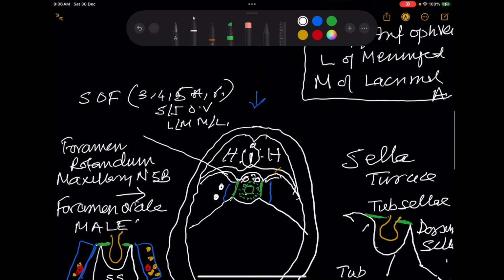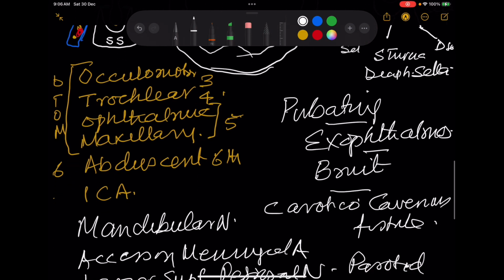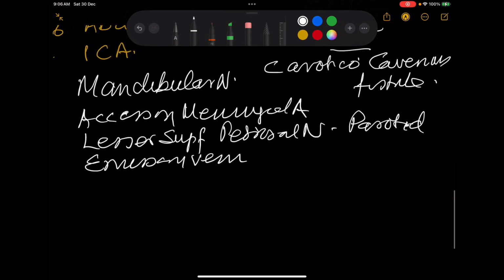Then you have another foramen, which is foramen spinosum. So this is ovale. Then you have spinosum.